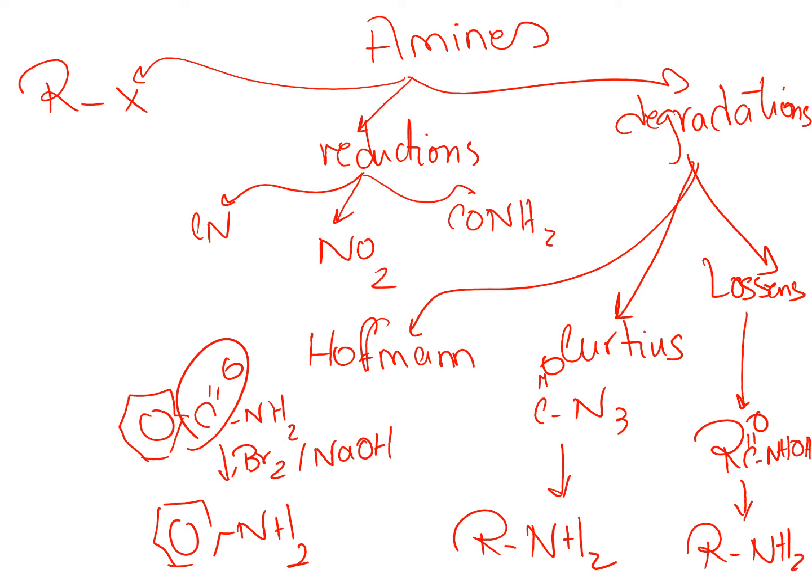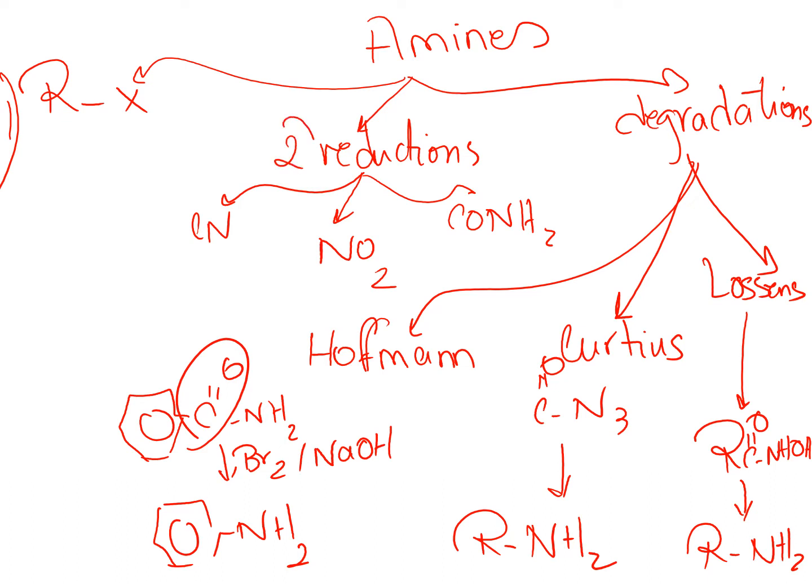To prepare primary amines, you can use one of three major methods. Either you use the alkyl halides, and we're going to see how these are used to prepare primary amines.